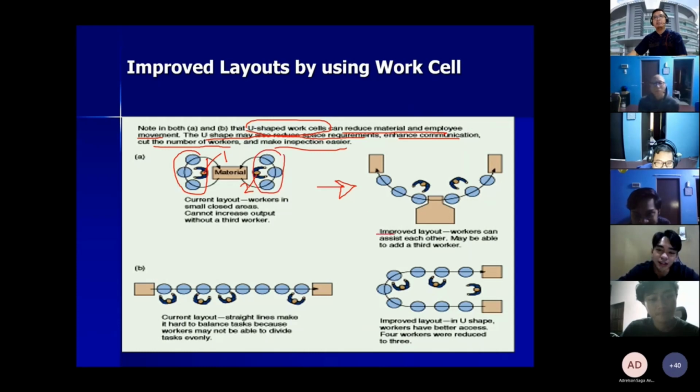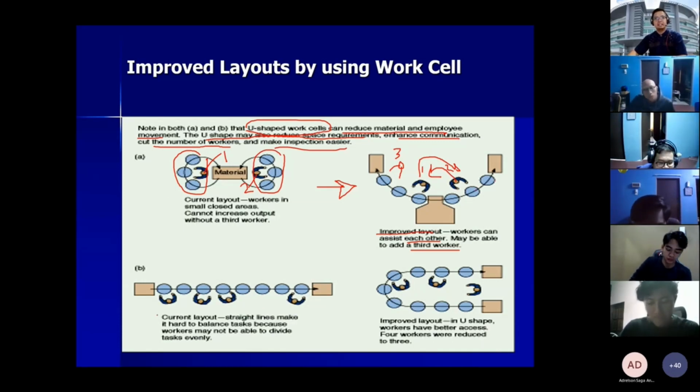But when we improve the layout, workers can assist each other and we might be able to add a third worker. Number 1 and number 2 can rotate here, and number 1 can rotate to number 2's area. If possible, we can add another, number 3, worker here. So you can see the improvement when we implement the U-shaped work cell.